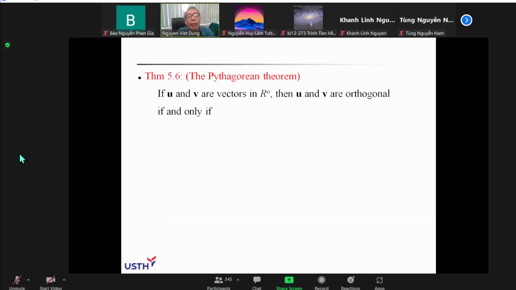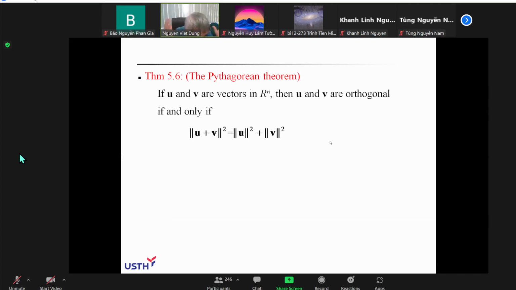And the next one is named Pythagorean Theorem, định lý Pythagore. It's saying that suppose that u and v are vectors in Rn, then u and v will be orthogonal to each other if and only if you have the square of the length of u plus v equal the square of the length of u plus the square of the length of v.